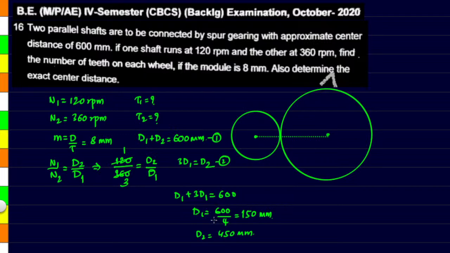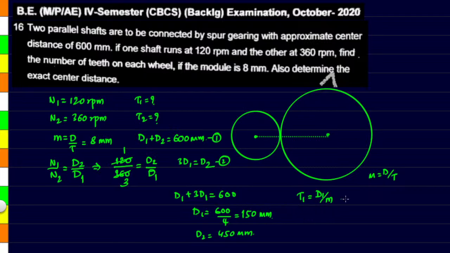So we may think that the diameters D1 and D2 have appeared, so our task is over, but that's not the case. What we need to do now is to find the number of teeth, and finding the number of teeth is not a simple task. Let's find the number of teeth on the first gear, T1. Module is diameter by number of teeth, so number of teeth is diameter divided by the module.